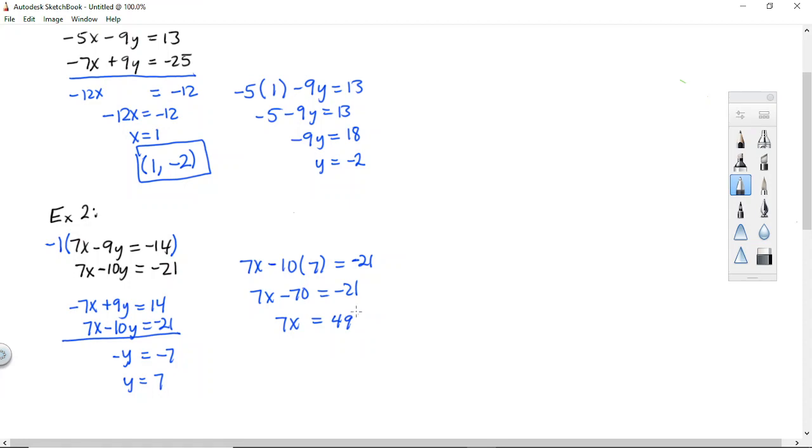Because if it was -20, that would be 50, so it's 49. So we solve for x, I mean, divide both sides by 7. Okay, so we have x equals 7.